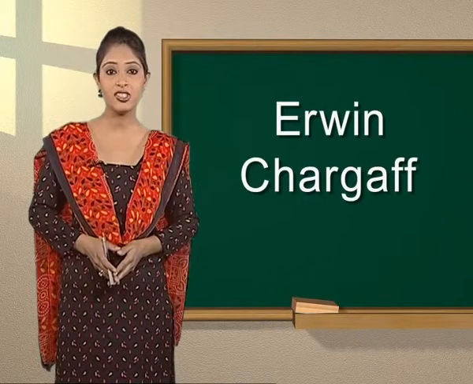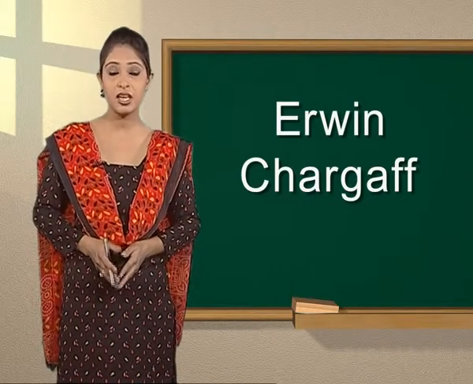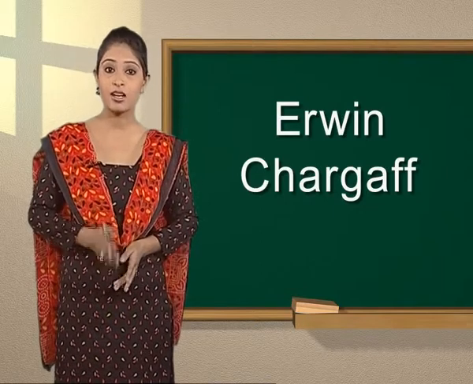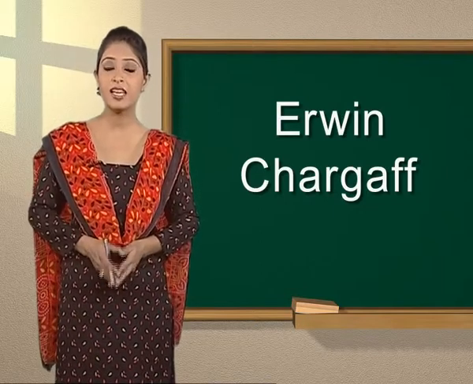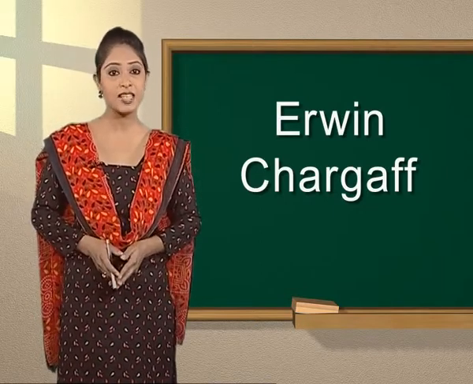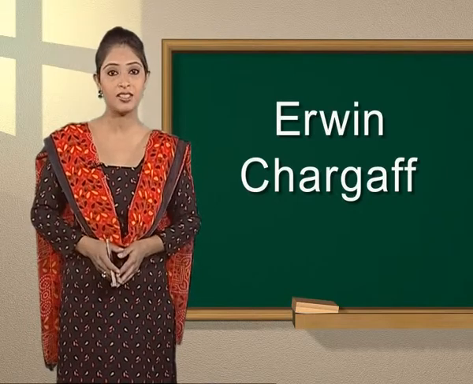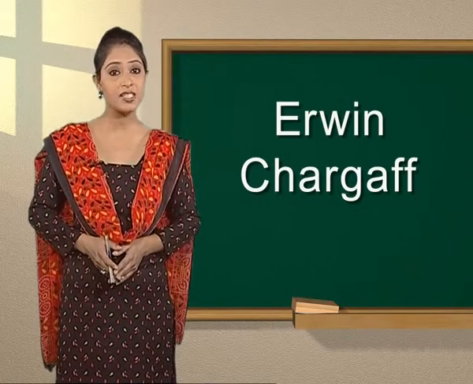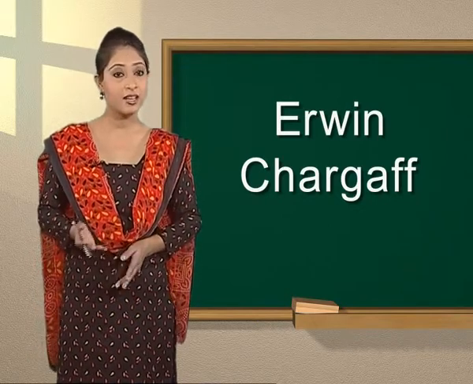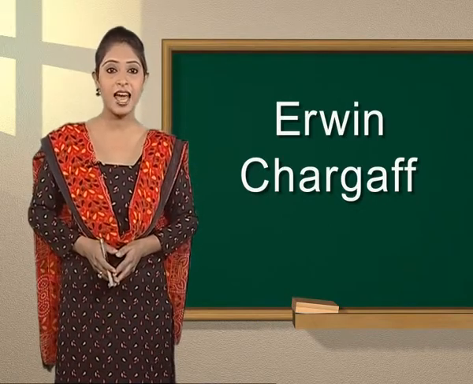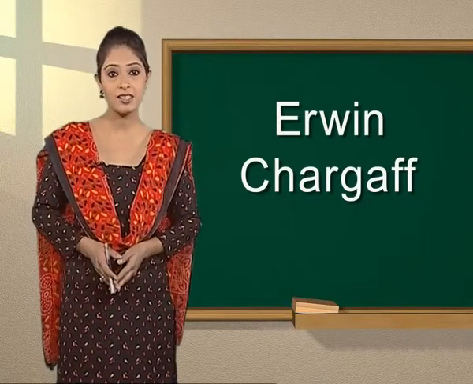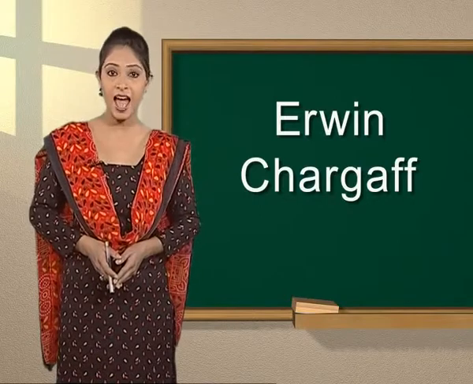Adenine of one chain is always paired with the thymine of the second chain, and a guanine of one chain is always paired with the cytosine of the other one. It was also observed that in a double-stranded DNA, the ratios between adenine and thymine and guanine and cytosine are constant and equal to 1.